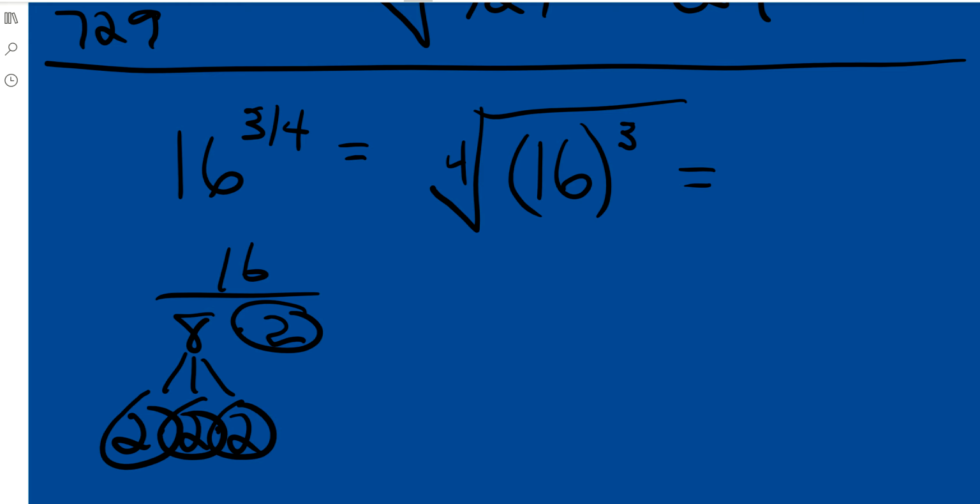So this is saying, what is the fourth root of 2 times 2 times 2 times 2? And it's just going to be 2. And then we raise that to the third power. That gives us 8. First, we figured out what's the fourth root of 16, and then raise it to the third power.